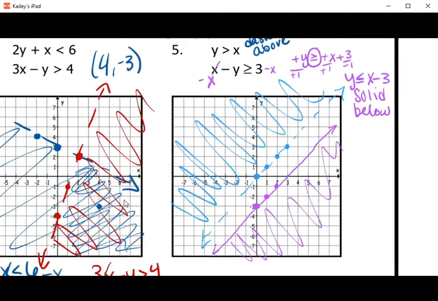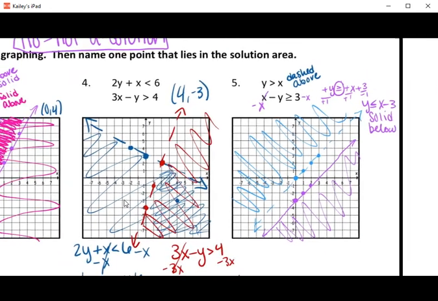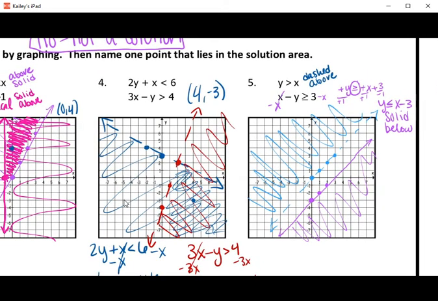Now, if you think back to the very beginning, I said our solution is the double shaded region. Well, for this question, we shaded this way and then the opposite direction. So is there a double shaded region?